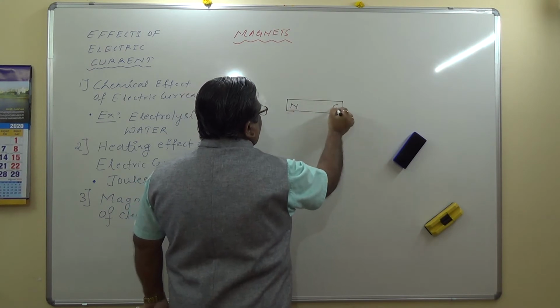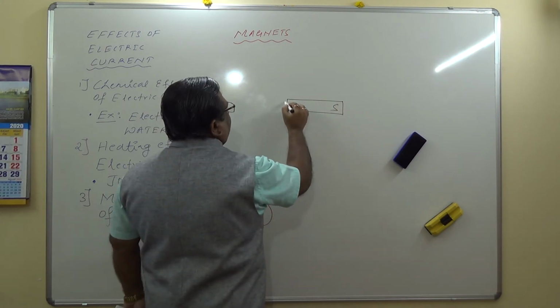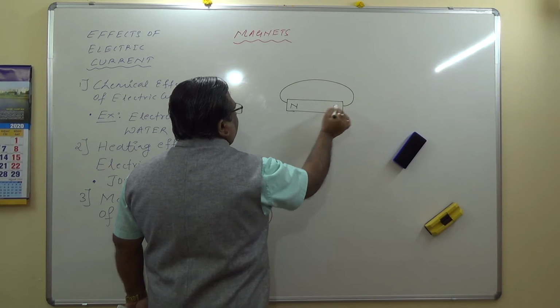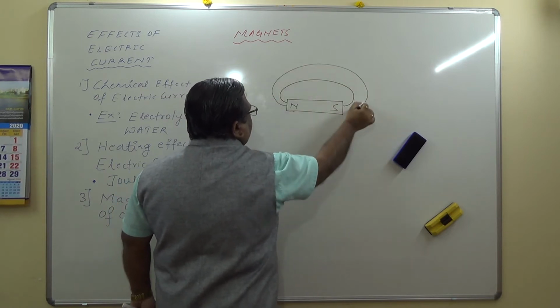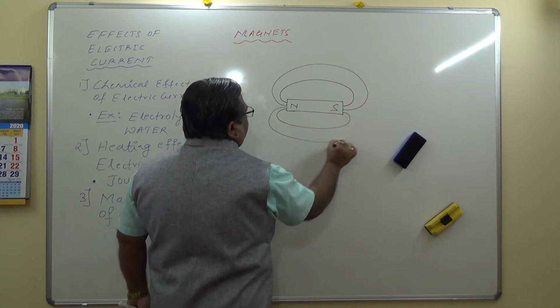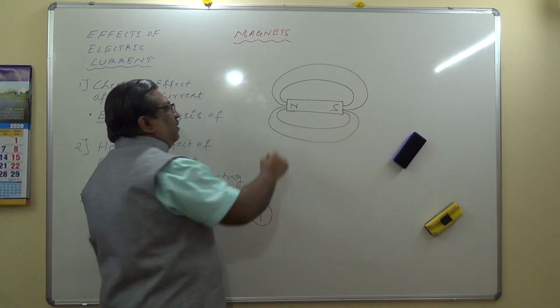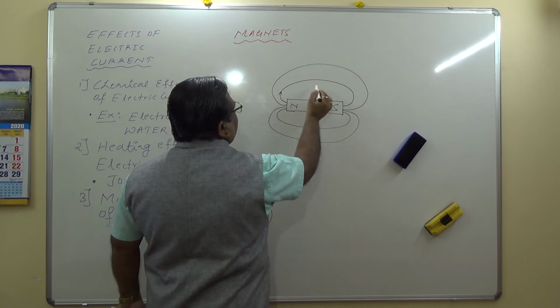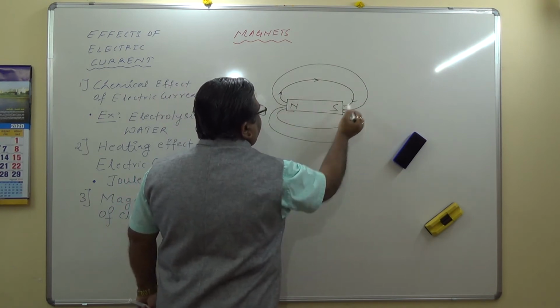North, south. These are the field lines. They emerge out of the north, merge into the south.